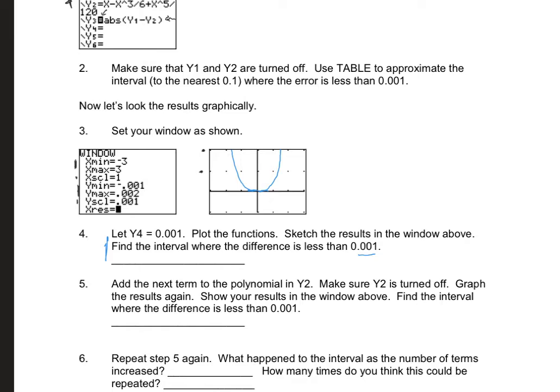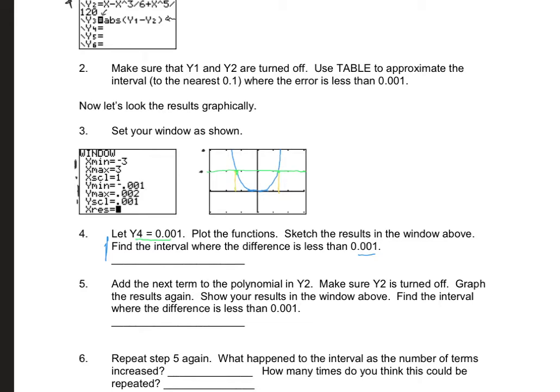So we're going to graph y4 equals 0.001. You're going to get a horizontal line that comes right across here. We can use our intersect, second trace for the calculate menu, to find the intersection of these two, and we are interested in those x values.